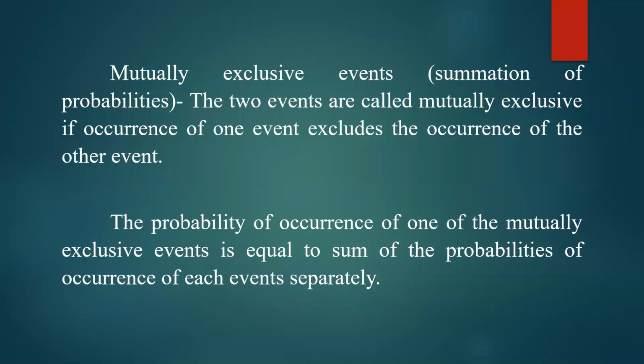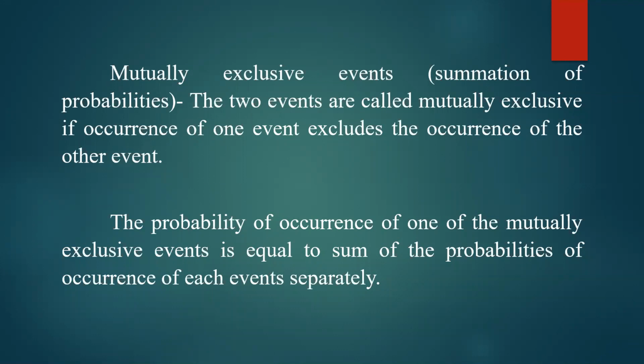A simple example is again coin tossing. When the coin is tossed, if the event occurred is head, then it automatically removes the possibility of tail. So they are mutually exclusive events. If head comes, tail cannot come. There is no possibility of showing tail.